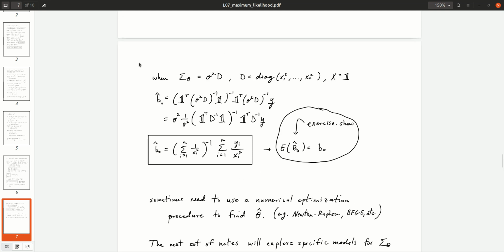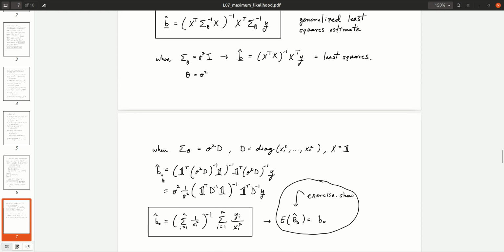Now if we use this generalized least squares formula and plug in the matrix here, x is 1, so we get 1 transpose sigma squared D inverse 1, and so on, 1 transpose sigma squared D inverse y. Now the inverse of sigma squared D is just going to be 1 over sigma squared times D inverse.